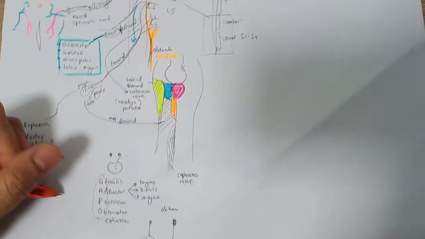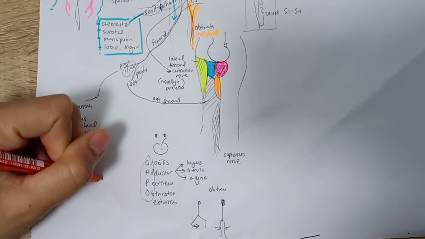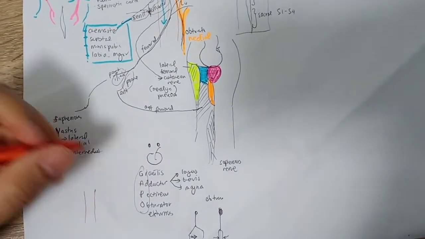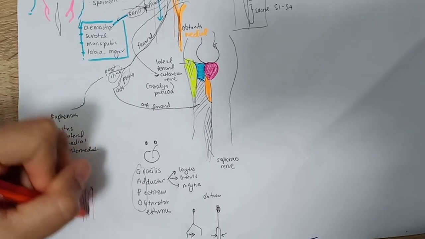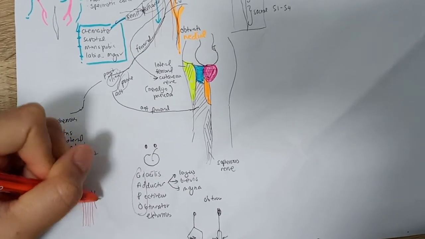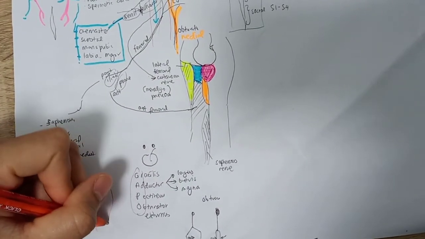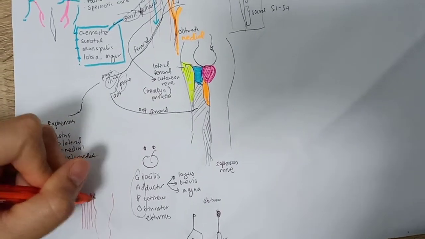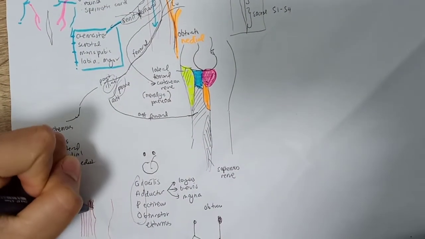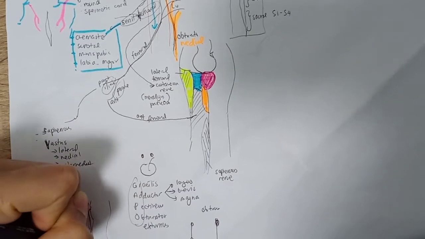So if you imagine this is the psoas muscle, and this is the sacrum, and the lumbar and the sacrum. So the nerves basically pierce. This is the obturator.